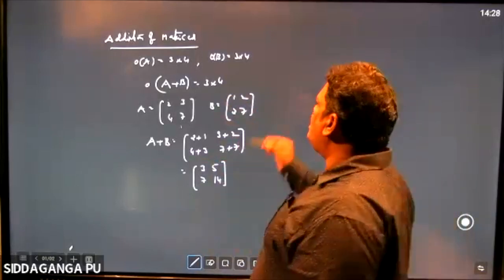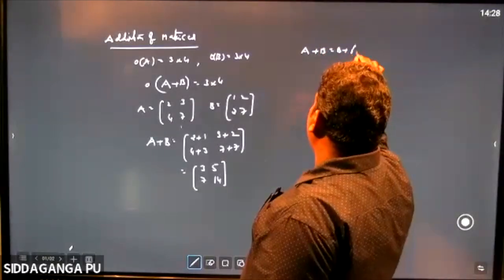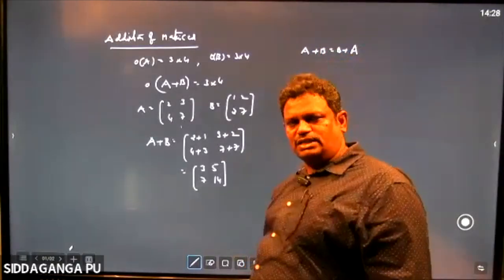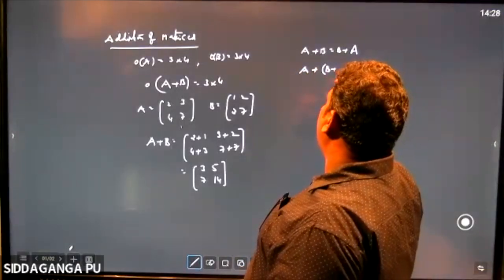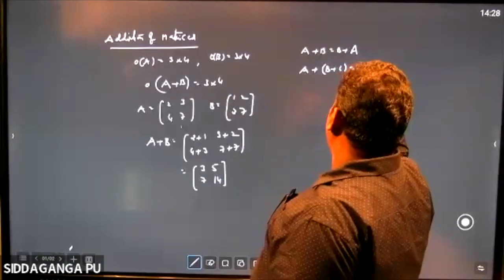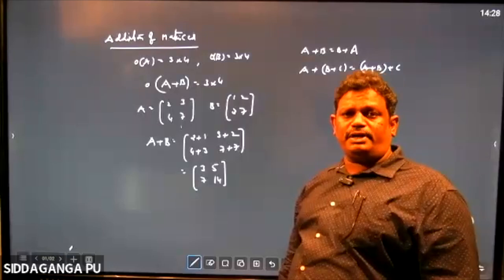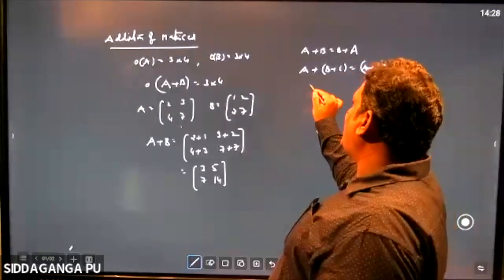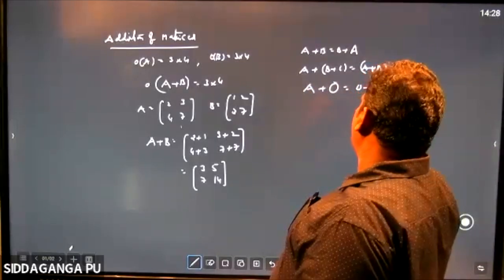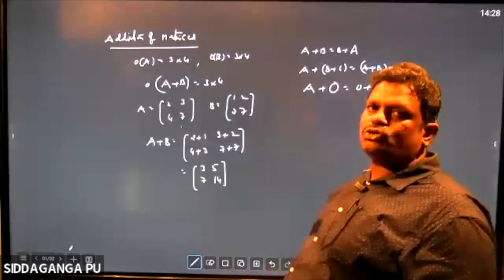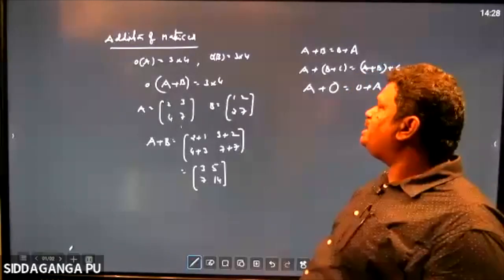Here are some properties of addition. A plus B is equal to B plus A. Addition of matrices satisfies the commutative property, as well as the associative property: A plus B plus C is equal to A plus B plus C, grouped either way. Commutative property and associative property. We can add any matrix with the null matrix, and if we get the same matrix, the null matrix is called the additive identity.